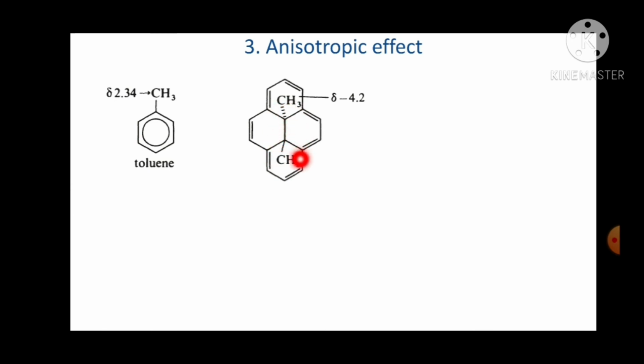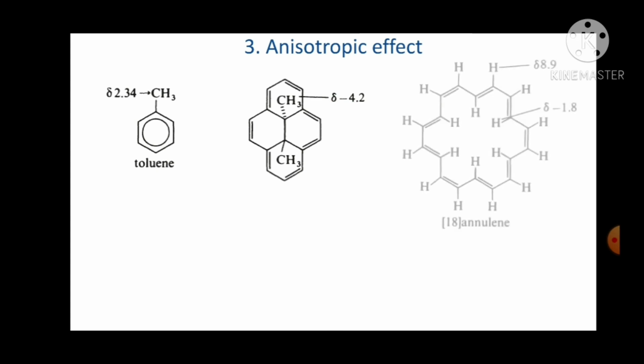This is a fused type of ring structure, and if you remember the previous slide where we showed the ring current, these CH3 protons appear in the diamagnetic zone because they are positioned in the center of the ring, where the induced magnetic field of the ring is exactly diamagnetic to B0. That's why these CH3 protons are highly shielded and appear at a negative value, minus 4.2.